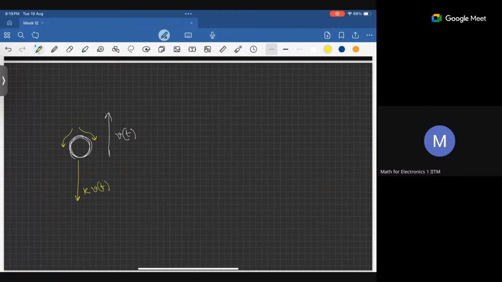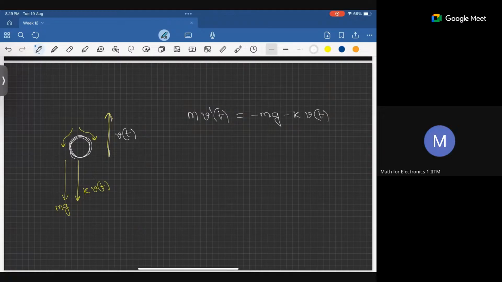And in which direction will the weight of the ball act? Downward. Weight will also act downward, which is mg. So these are the only two forces that are acting on the ball. And since the object is moving in this direction, ma, which is m v prime of t, should be equal to, here both forces are acting in the opposite direction, so it will be negative: minus mg minus k v of t.